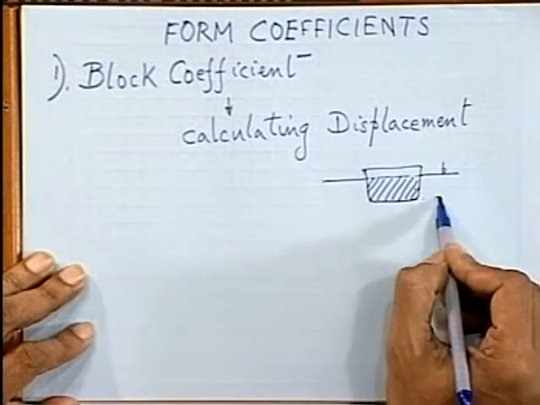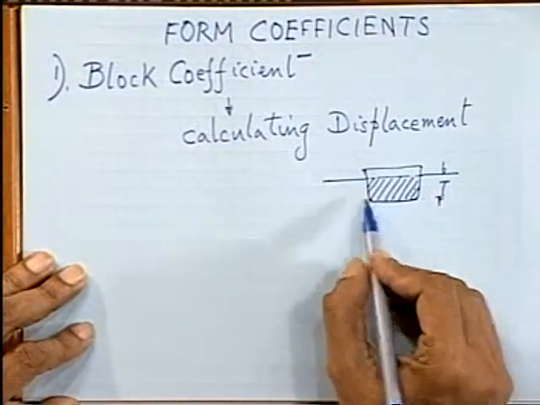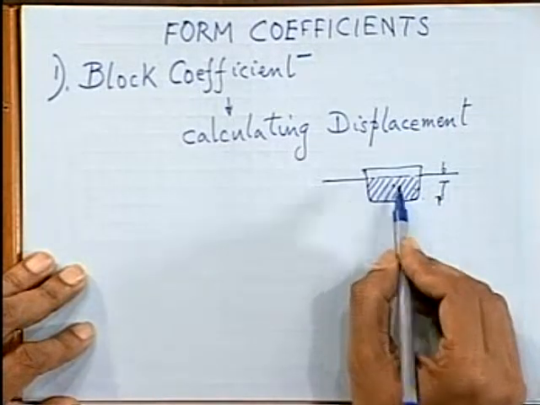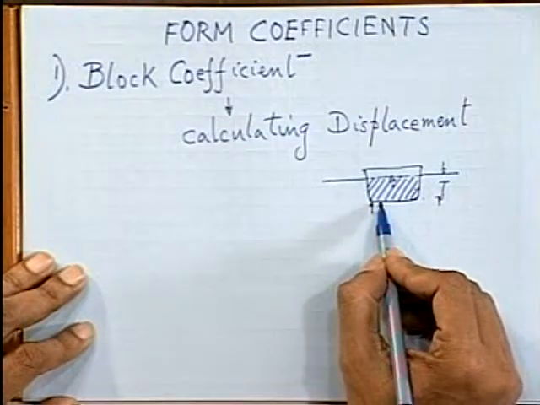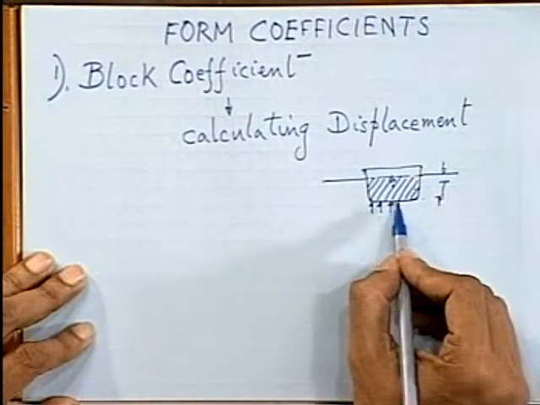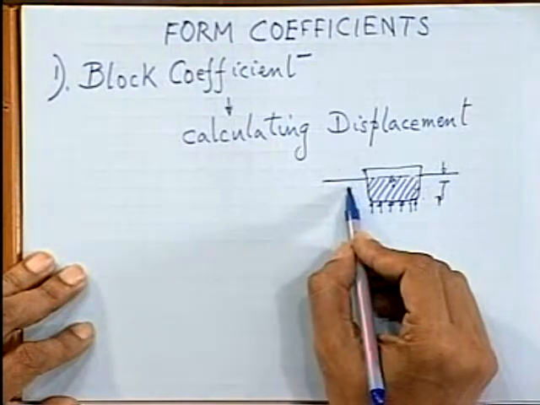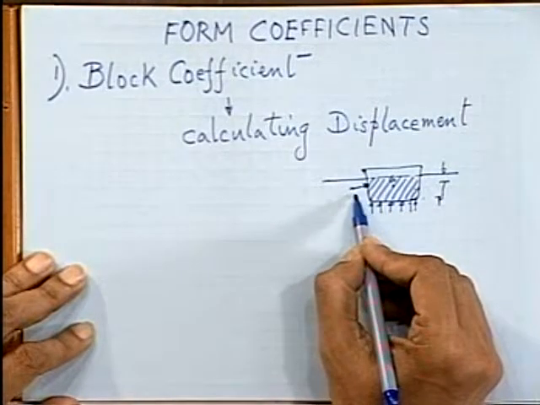So this is the immersed draft. This you can calculate. That means the weight of the ship that is acting through this point G will be supported by your water pressure, isn't it? And on the curved hull, the pressure also will be acting.